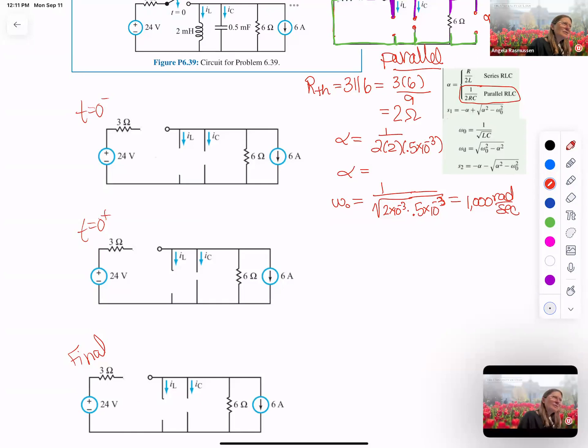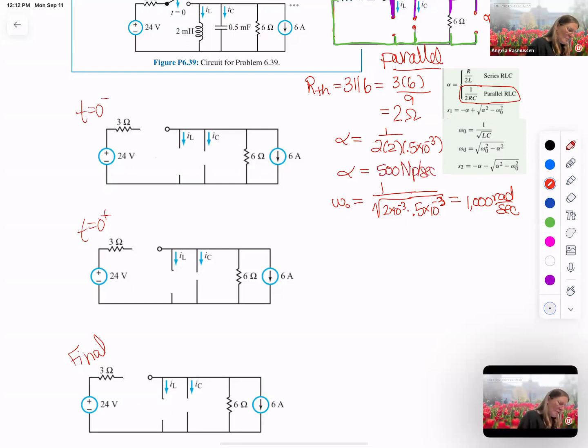Was this 500? Anybody see that? What was it? Yeah, let me find the other one. It was alpha, 500 nepers per second.